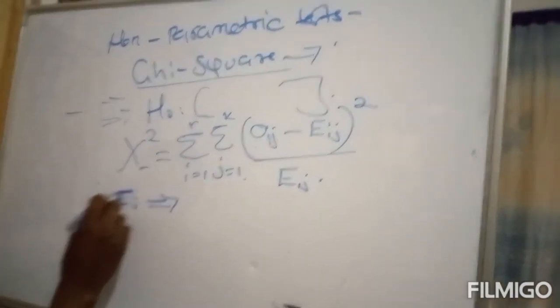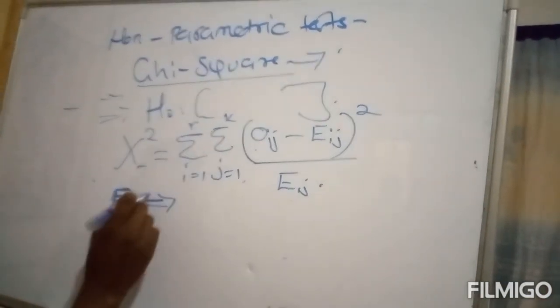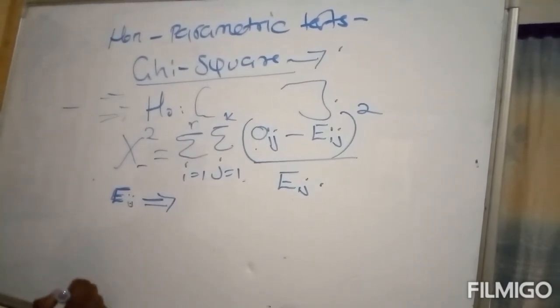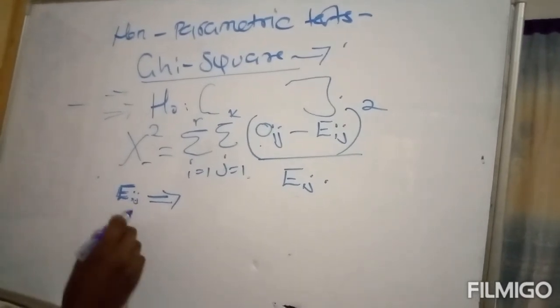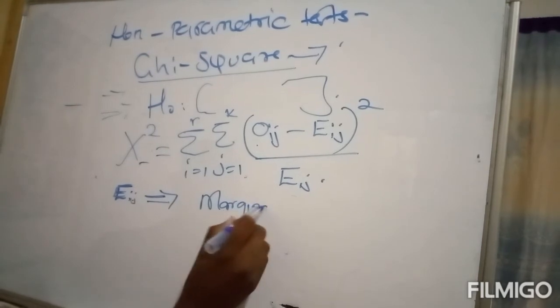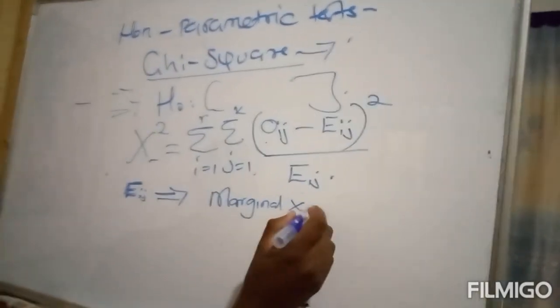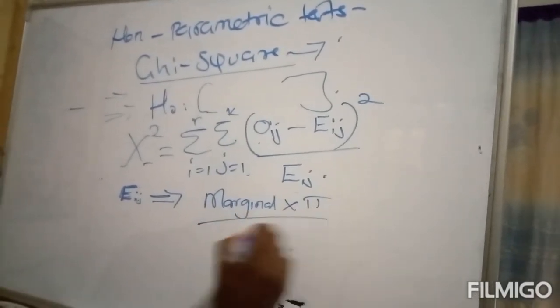This is the expected observation in the jth column and ith row. How do we get this? We get this by checking the marginal totals relating to each observation, the product of the marginal totals divided by the total.